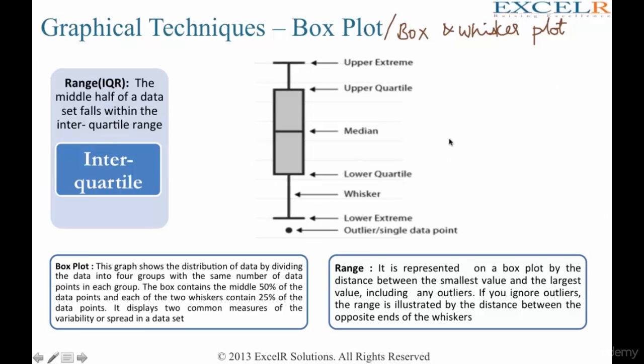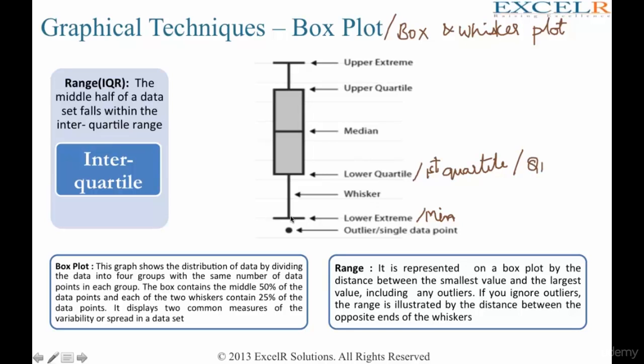100% of the data can be represented using your box plot. The lower extreme is nothing but the minimum value in a data set. Lower quartile is also called first quartile or Q1.